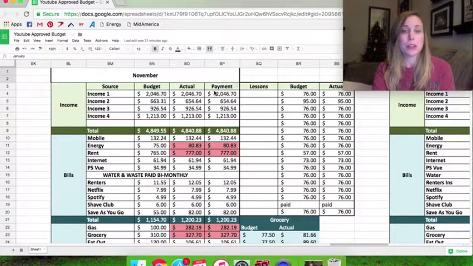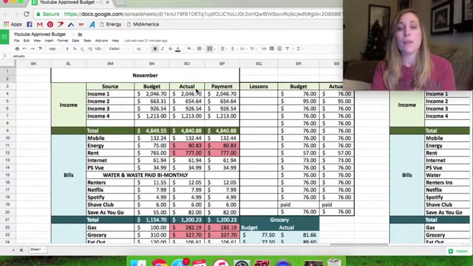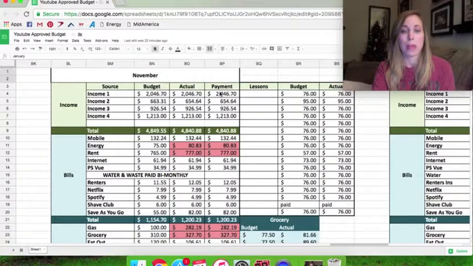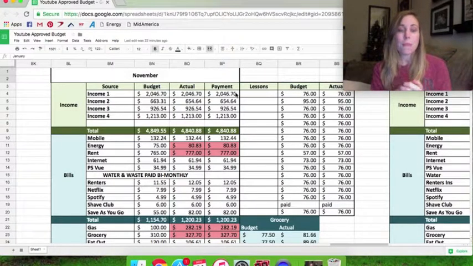So for example, if I budget for, let's say, $2,046.70, but they're actually going to pay me, let's say, $2,100, I would then put in what I'm actually paid for it under the payment section. That's why I separated actual and payment, because if it turns out right, my actual and payment should match in the end. And the budget will be the one that differs slightly.